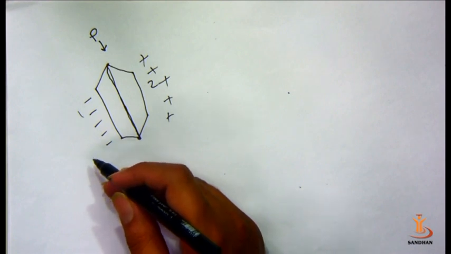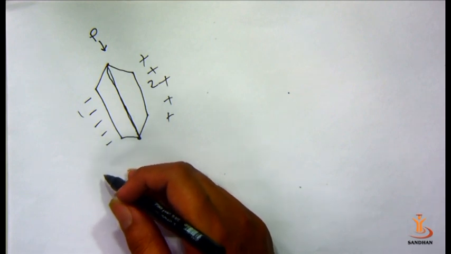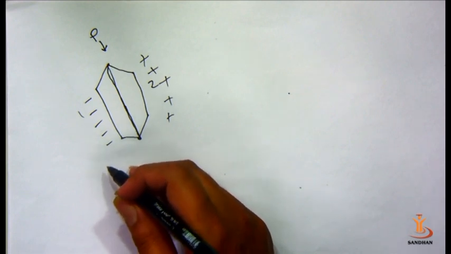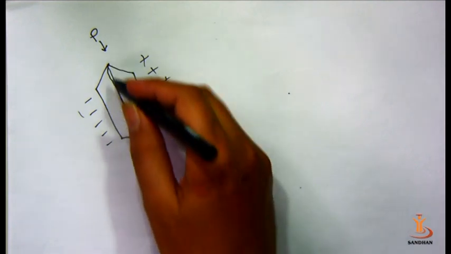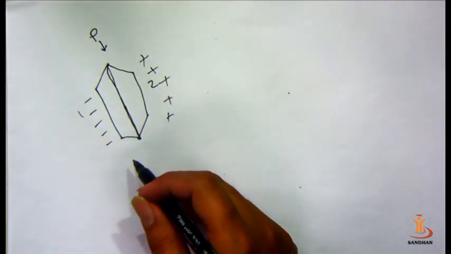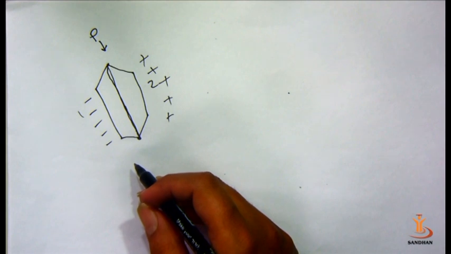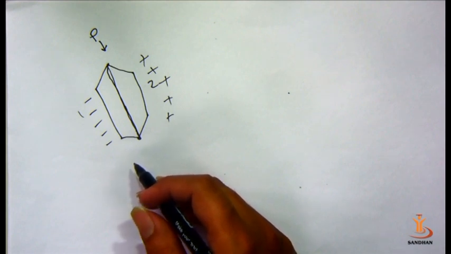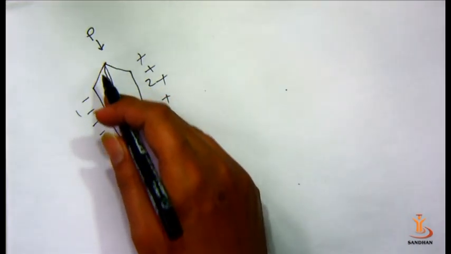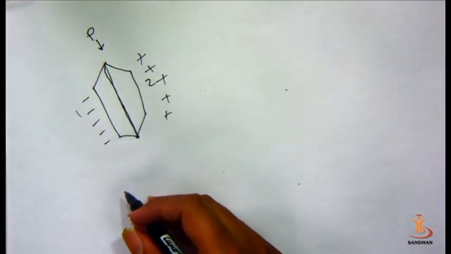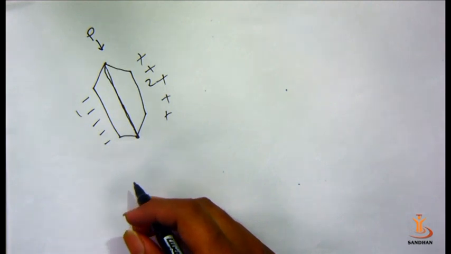These negative and positive charges are both generated perpendicular to the optical axis. So in a quartz crystal, the input is pressure and the output is an electric field or electromotive force, EMF. Converting pressure to electromotive force is known as the piezoelectric effect.